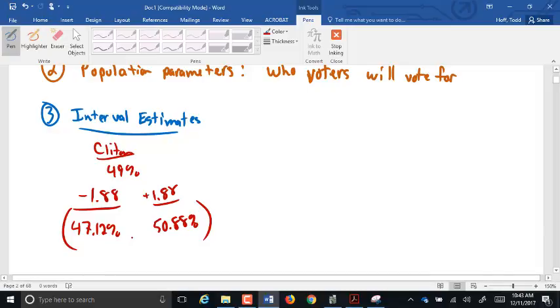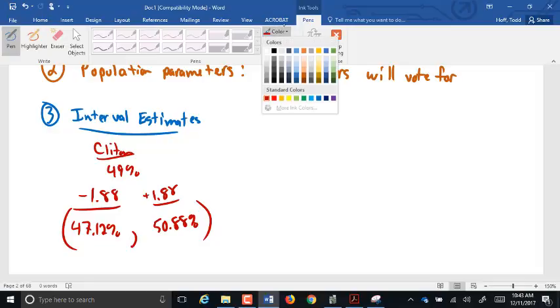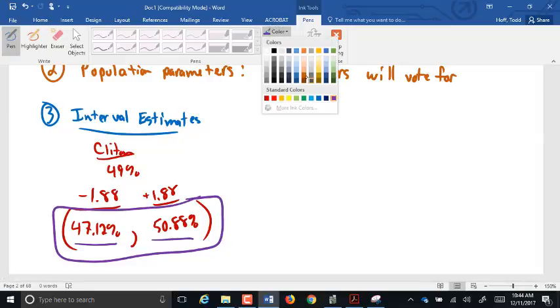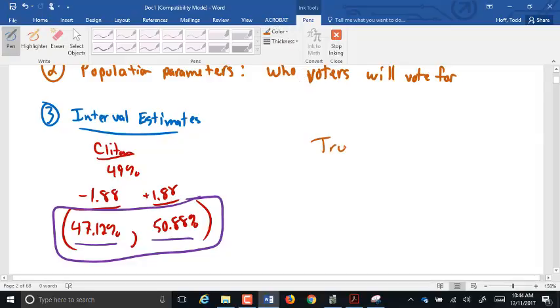So when we subtract it, we get 47.12. If we add it, 49 plus 1.88 is 50.88. And the technical way to write that is just how I expressed it here with parentheses around it. That is what's called a confidence interval. It goes from 47.12 to 50.88%. For Trump, how would we find his interval?